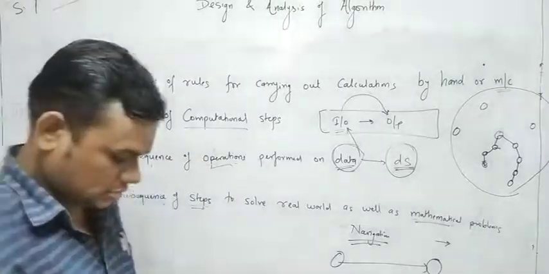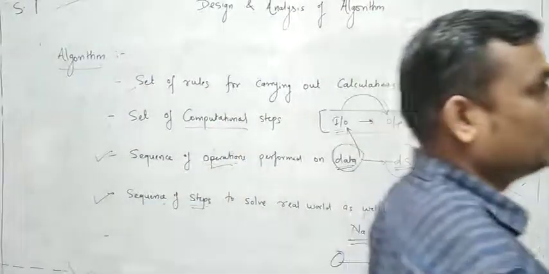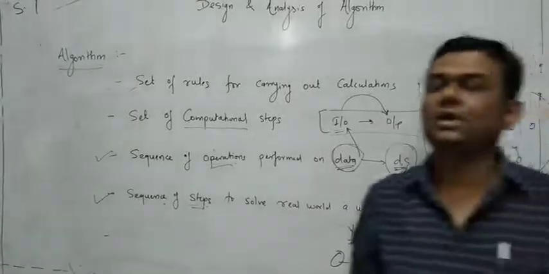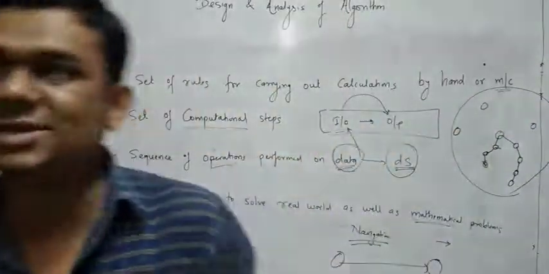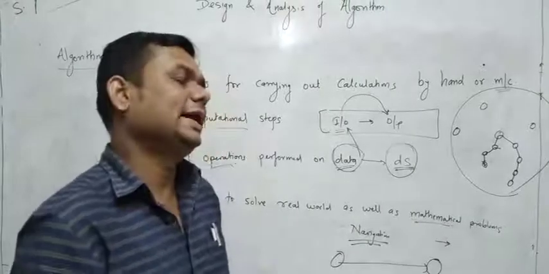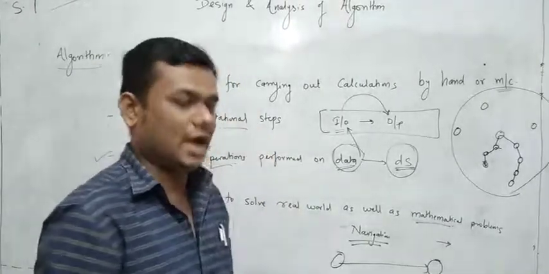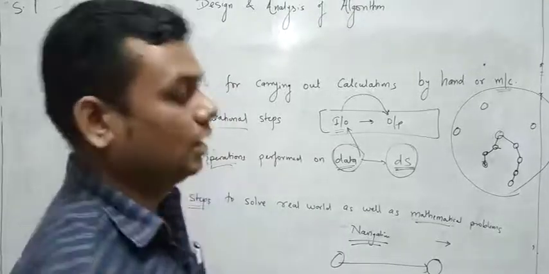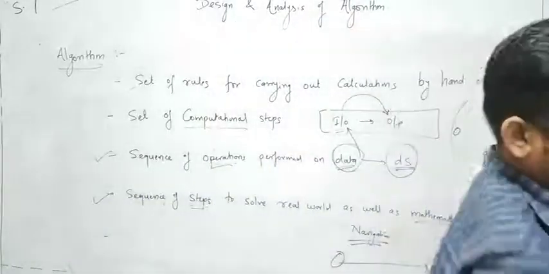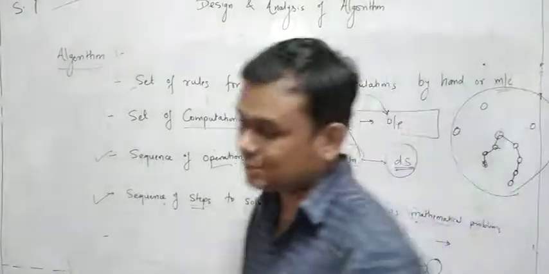So students, when you decide, for example, to organize a trip from one source to another destination, at that time you use Google Maps, and from Google Maps you find the shortest path.